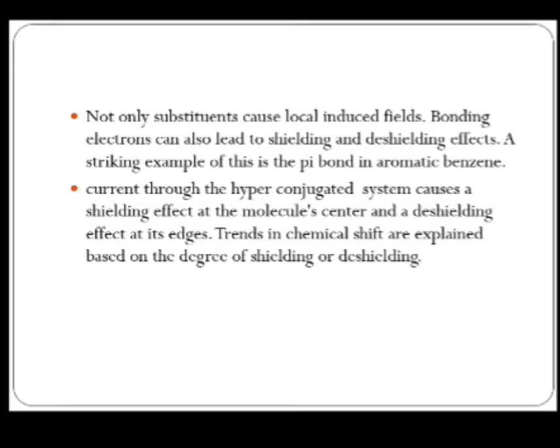Trends in chemical shift are explained based on the degree of shielding or de-shielding. Means in the aromatic benzene ring there is a pi electron system and also hyperconjugation, and therefore the shielding and de-shielding effect is based on the inner side and edge of the aromatic ring.